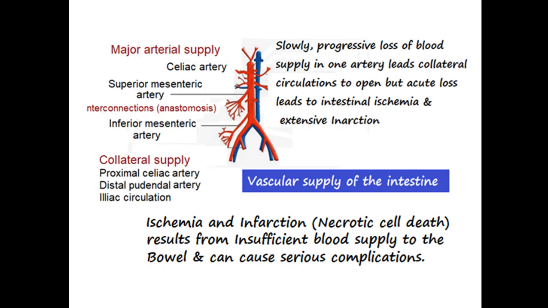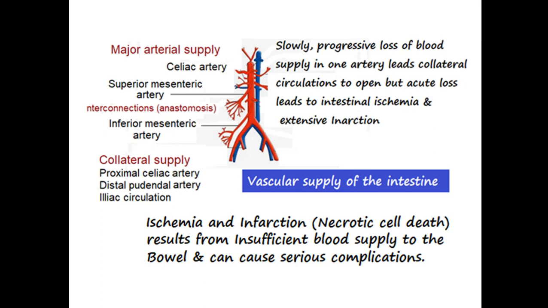The superior and inferior mesenteric arteries fan out to form branches. They branch and rebranch to form the mesenteric arcades. Interconnections between the arcades, as well as the collateral supply from the proximal celiac and distal pudendal and iliac circulations, are present to the intestine.